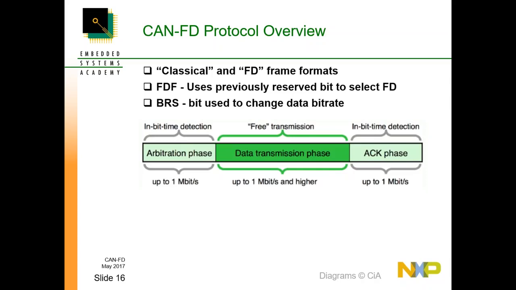At the end of the checksum, the speed is lowered back down again to the nominal bit rate for the final few protocol bits of the frame. Switching of the bit rate is handled automatically in the CAN controller, and all of this is transparent to the software layer. The data bit rate cannot be lower than the nominal bit rate, but it can be the same. And note that error frames are always transmitted at the nominal bit rate.